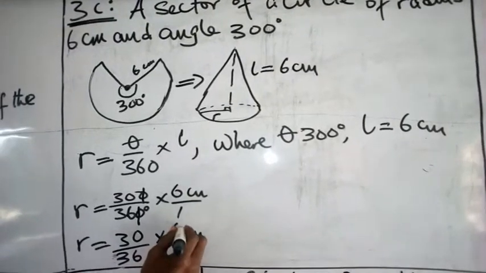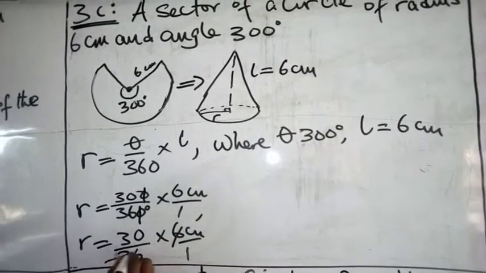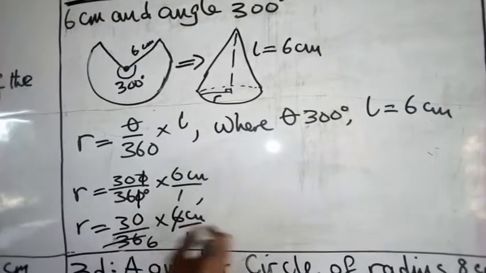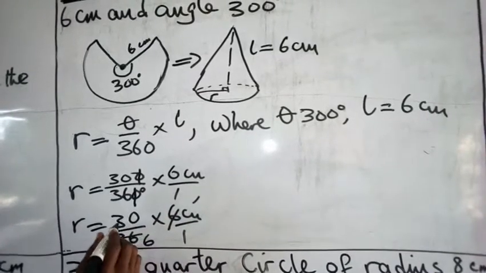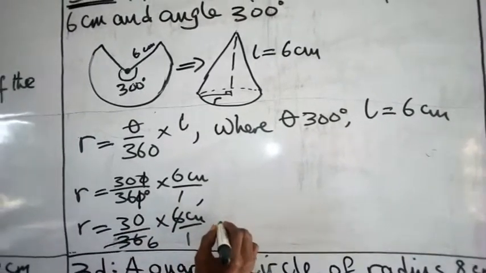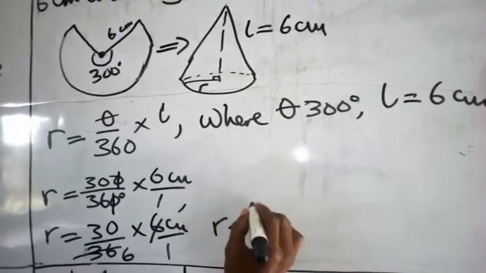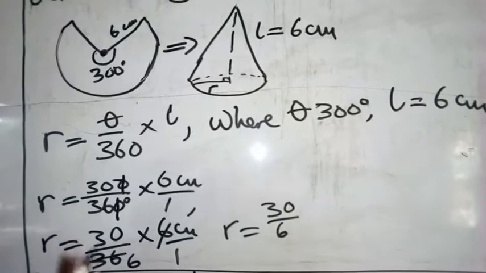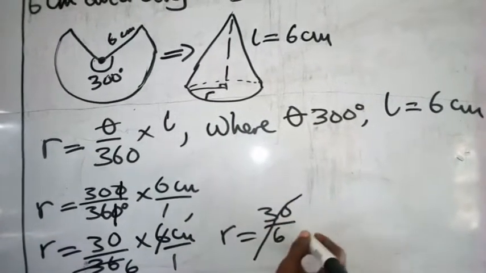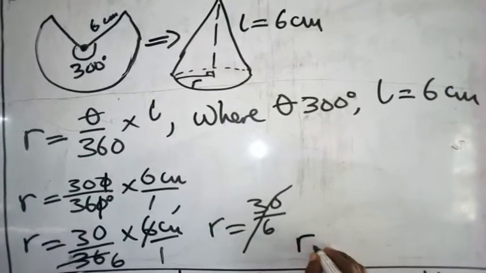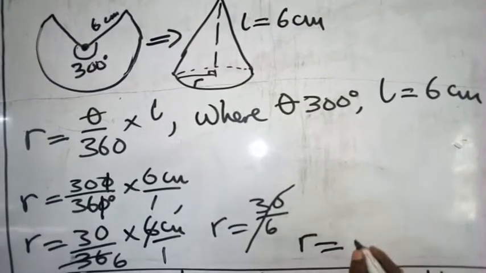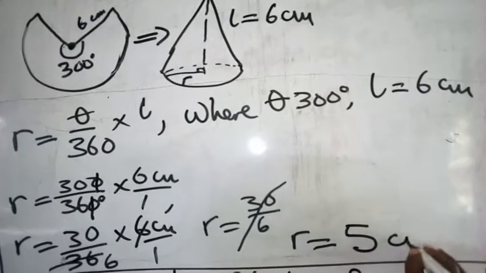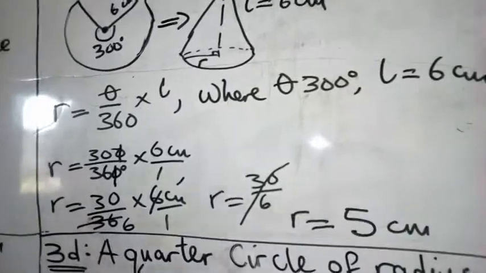Why not we just cancel 6 and 1, 6 into 36 is 6 times. So let's clear the air. You are now having 30 all over 6. So radius is equal to 30 all over 6. As you know already, radius eventually becomes what? Yes, radius will now become 5 centimeters. That is the radius for that one.